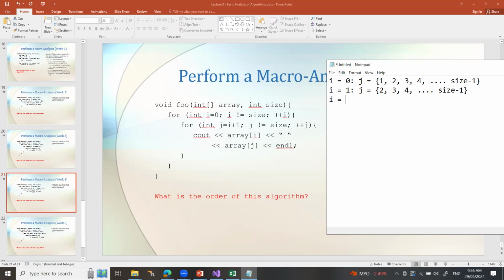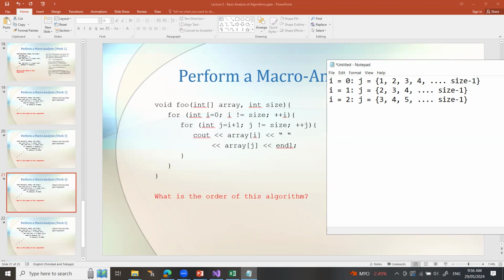So i equals 2 now. Then 3 and the rest are integers. Cool, so far so good. 3, 4, 5, all the way to size minus 1. Okay, cool. So let's skip ahead.